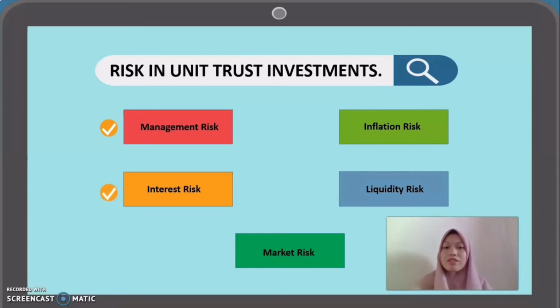Second, interest rate risk. Interest rate risk is the probability that an asset will be depreciated due to unexpected interest rate fluctuation while investing. Interest rates are the main factor for bond prices in investment units. For example, when interest rates go up, the value of fixed income securities and bonds will fall.